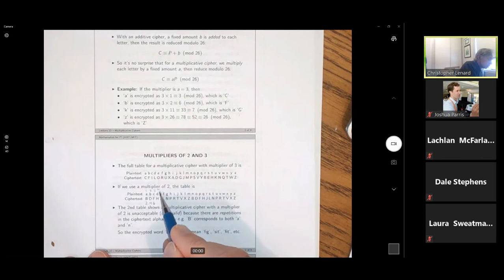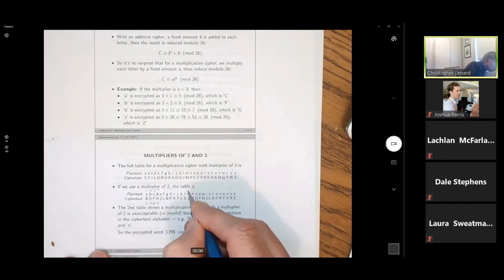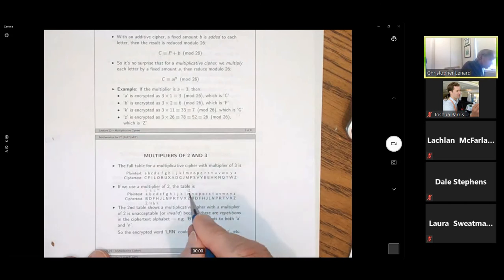D is the 4th letter. 2 4s are 8. H is the 8th letter. You get down to here. L is the 12th. M is the 13th. 2 times 13 is 26. Well, that makes sense.